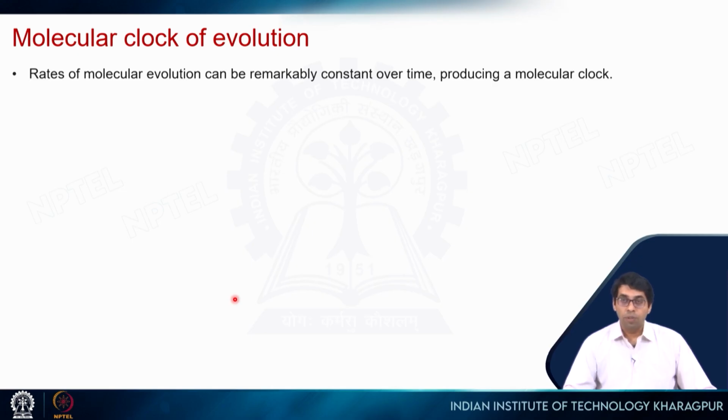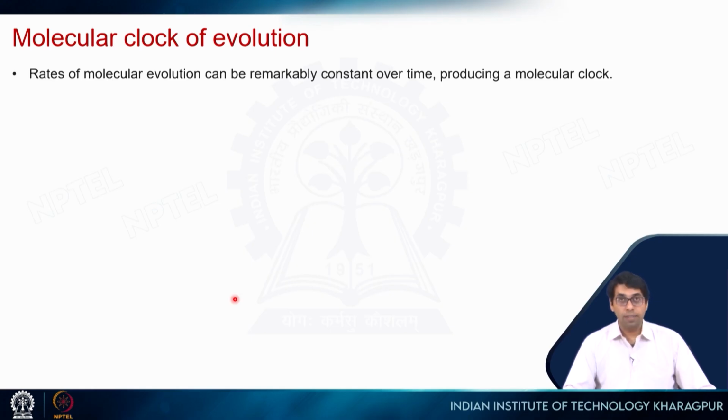If we know the rate of mutation, and if that rate is not changing much over time, then if you compare two sequences and see how many changes have happened, you can get an estimate of time, that it took this much time to gather this many mutations.